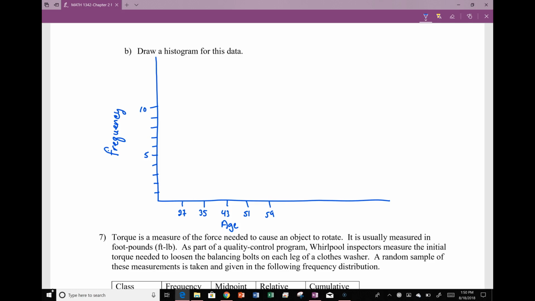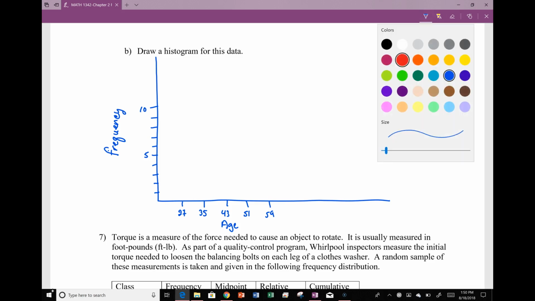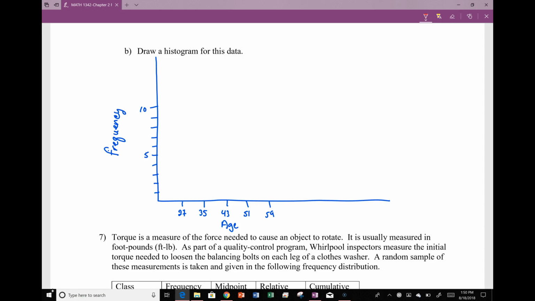In a histogram, we're going to start out by the first one. The first class had a frequency of 6. I'm going to draw a bar. Notice I didn't put it over 27, I put it here in between 27 and 35. That's because there are 6 people between the ages of 27 and 35.